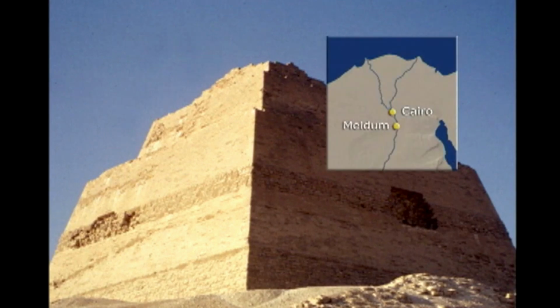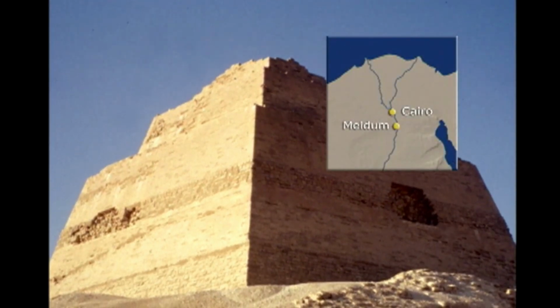Enter my man Sneferu. You will see Sneferu does great things. First, he builds his pyramid. Sneferu wants to have a pyramid. So, like other pharaohs, he starts with a step pyramid. And he builds it at a city called Meidum. It's M-E-I-D-U-M.